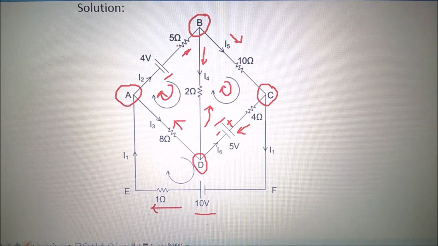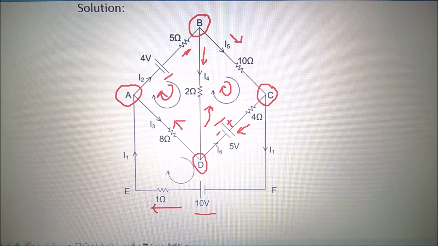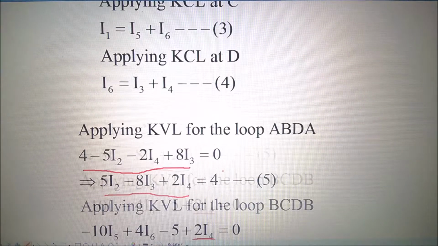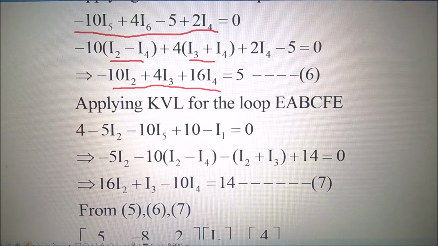Together the equation will be plus 4 minus 5I2 minus 10I5, and then plus 10 and minus I1. That I am showing here.